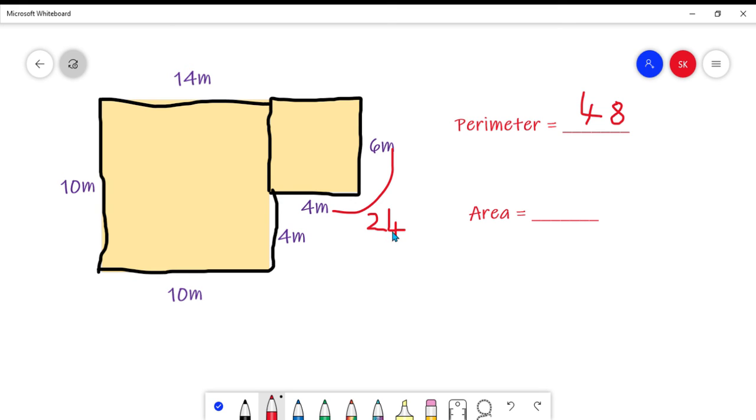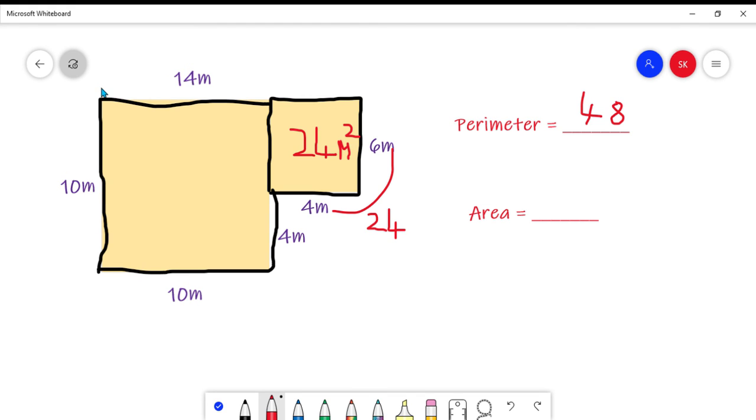Also, you can try and work it out yourself too. I've already started it, got a bit too ahead. You can try it out yourself, but if you still need more practice, you can follow along with me. 24 meters squared. Don't forget the squared. And again, 10 by 10.